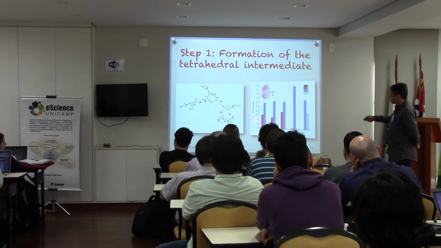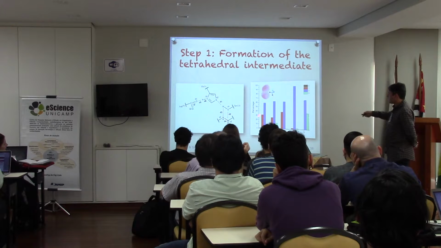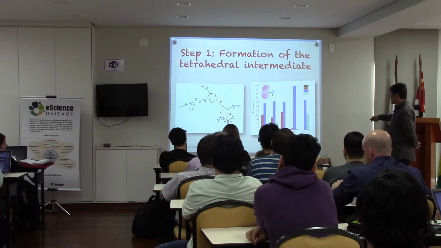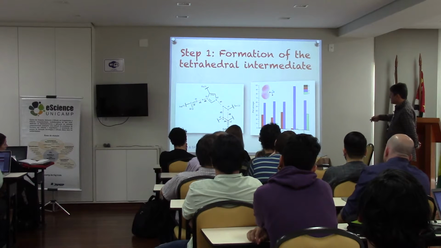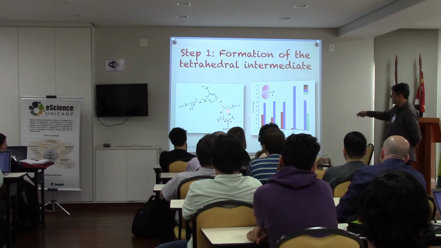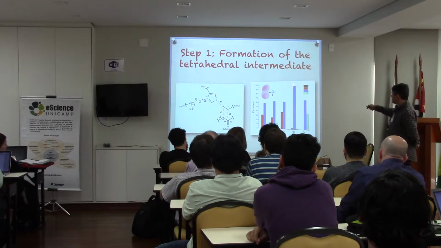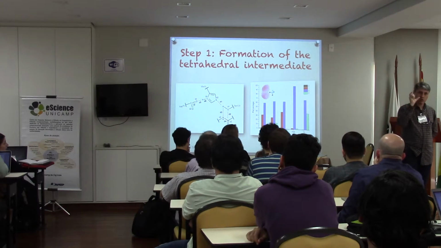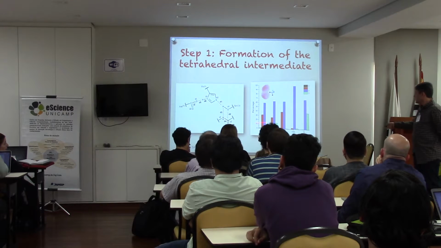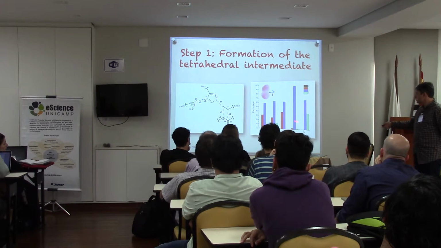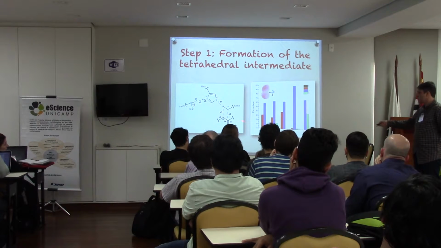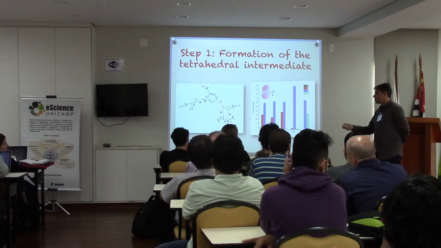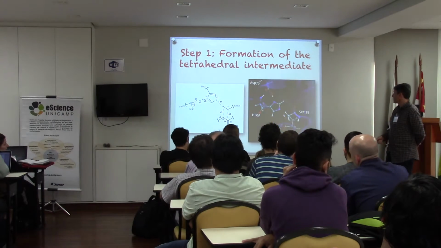We can see that a lot of the frames have only one water molecule around the oxygen here, and then as you go and you form the transition state, so this thing's getting closer, you suddenly have a jump of two water molecules, always at least two water molecules present around the oxygen, and when you form the intermediate that has a negative charge here, now you have even three water molecules around the oxygen. So the oxyanion hole in this one is formed by water. This is doing the work there.